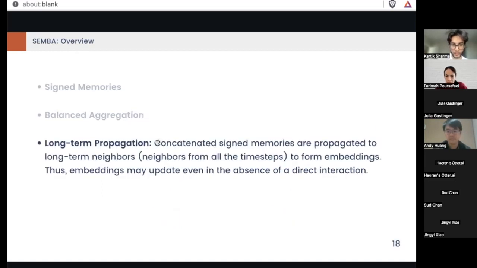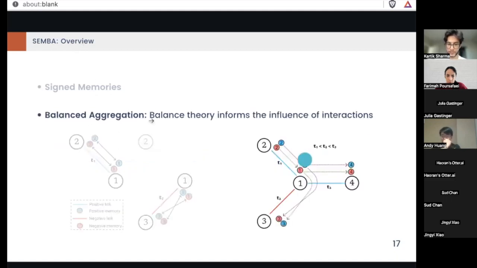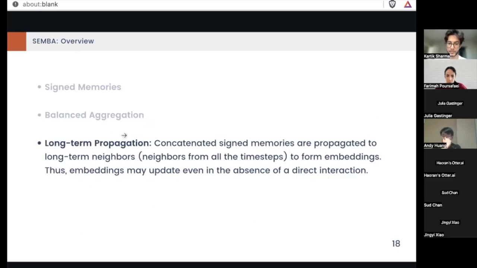The third component is the long-term propagation. This is basically how we deal with staleness, and it is also inspired directly by the T-chain model. Here we learn the memory representations, but these memories are updated only when there is a direct interaction.